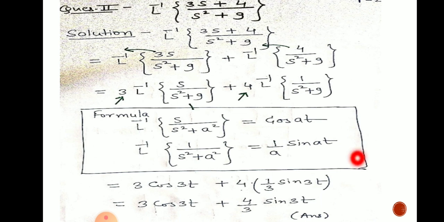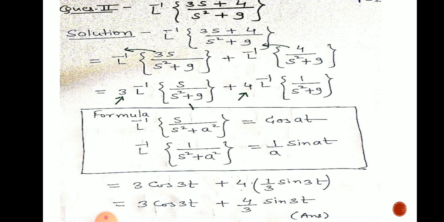So this term is equal to 3 cos 3t plus 4 into 1 by 3 sin 3t, and this is equal to 3 cos 3t plus 4 by 3 sin 3t. Okay. So here we applied some basic formula.